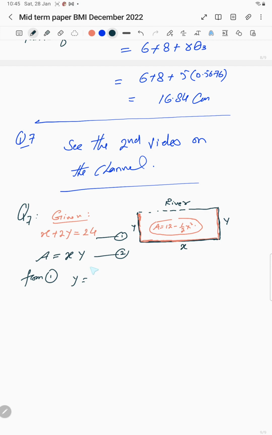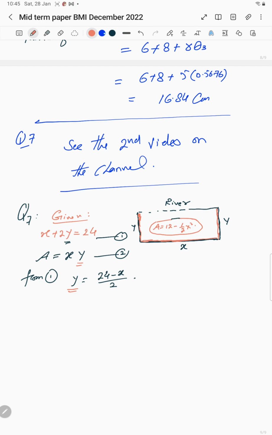So make y the subject of the formula from 1, because you can see in the area result we have only x variable. So we will write y equals 24 minus x whole divided by 2. Now replace this value of y in equation number 2.